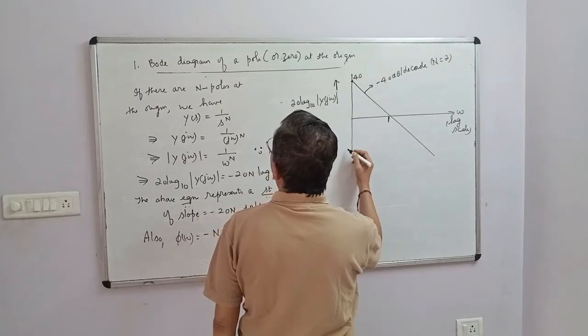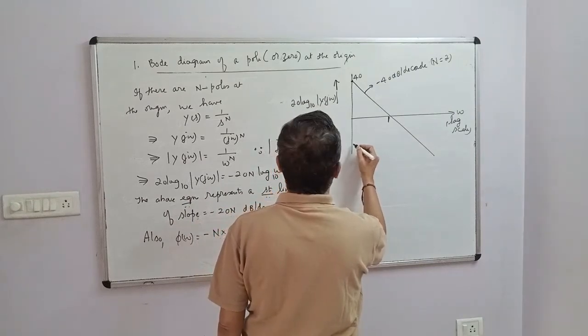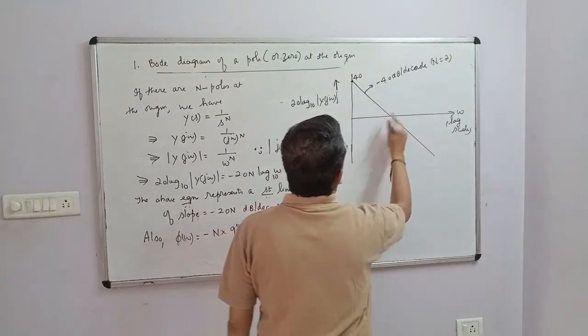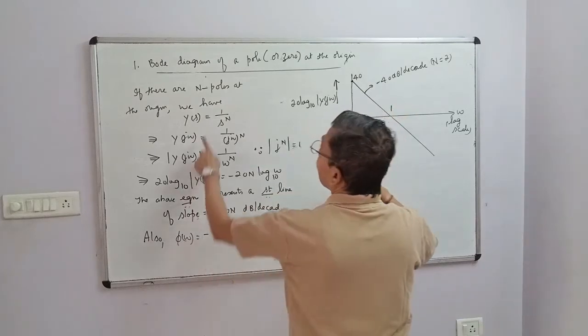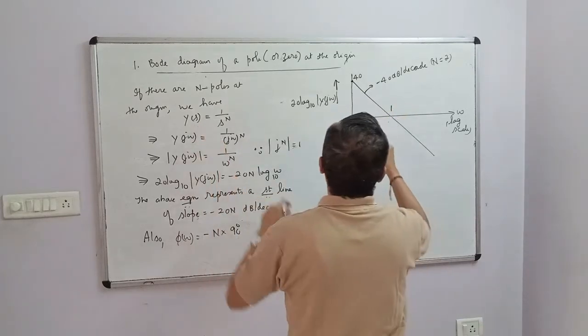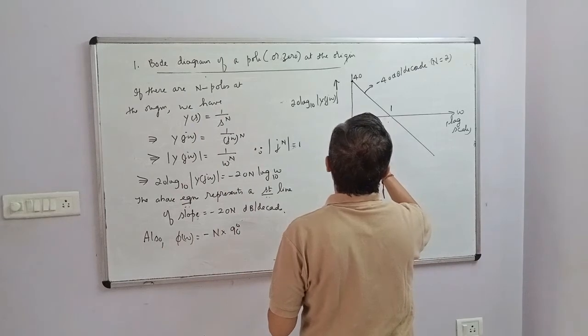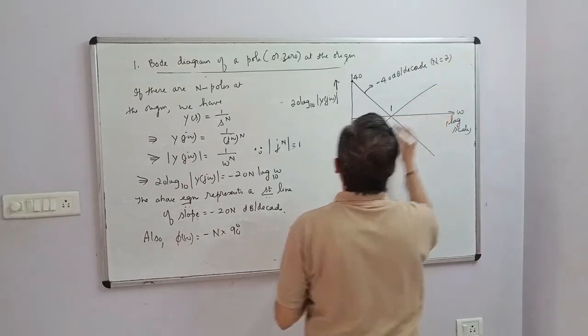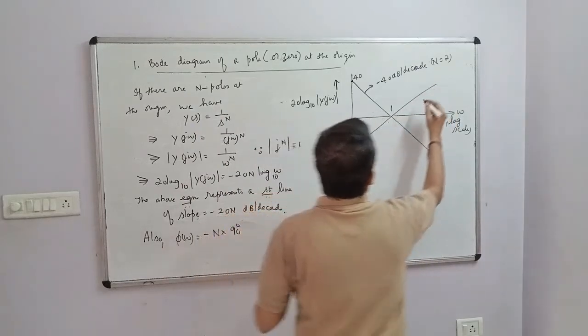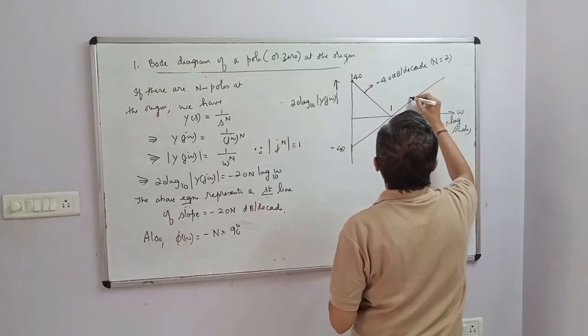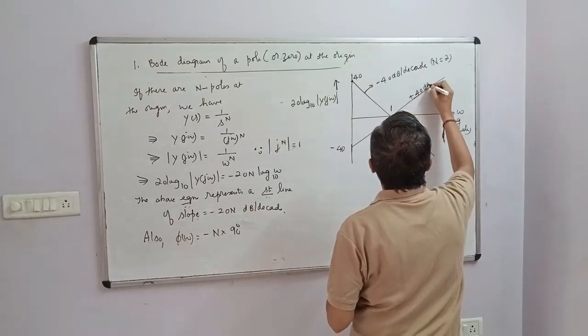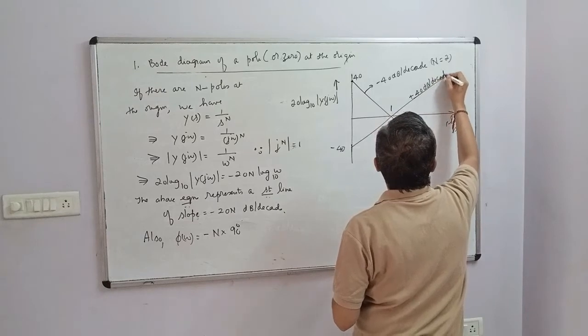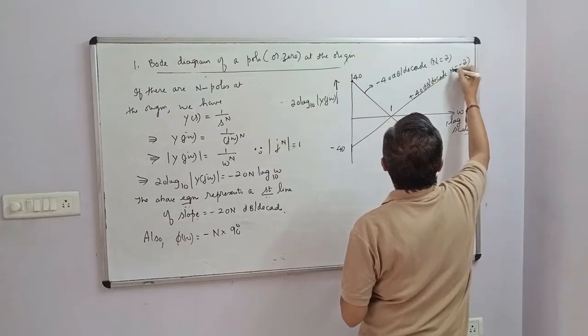If you take n equal to minus 2, this pole will become a zero. So this is the plot for your information. This is minus 40. The slope of this line is plus 40 decibels per decade. This is drawn for n equal to minus 2.